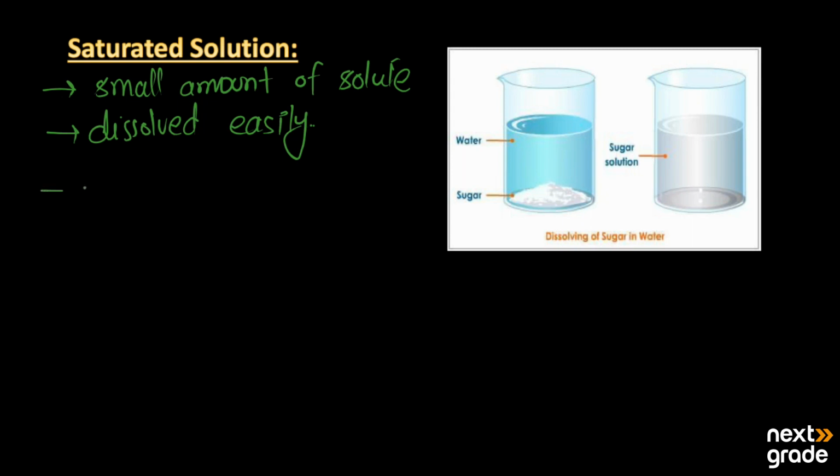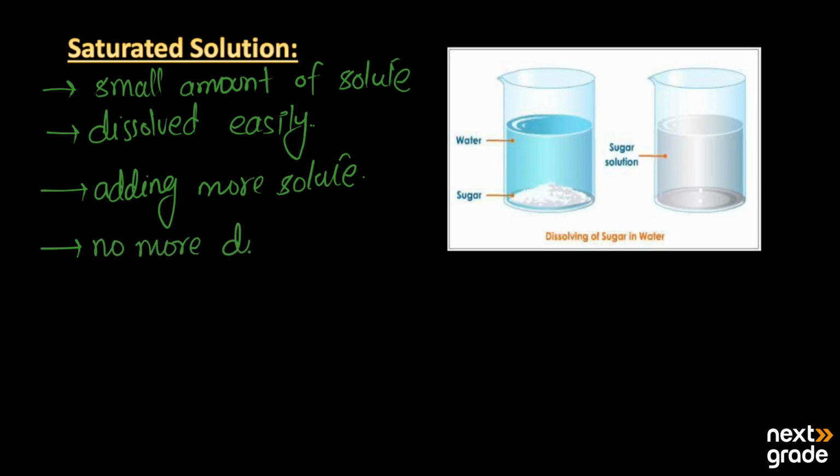And if we keep on adding more solute to it, at that time a point comes when there is no more dissolution of solute. No more solute is going to be added or dissolved in the solvent.